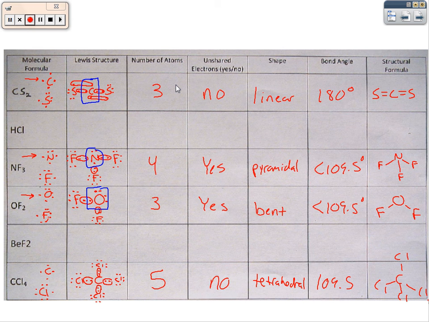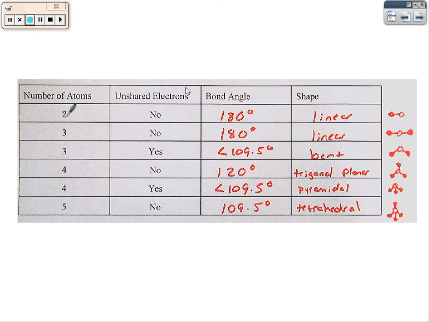Looks something like that. 2 atom ones, straightforward. Because again, a 2 atom one has only one option. We go back to the table. There's only one row for the 2 atom molecules. They're always going to be linear.